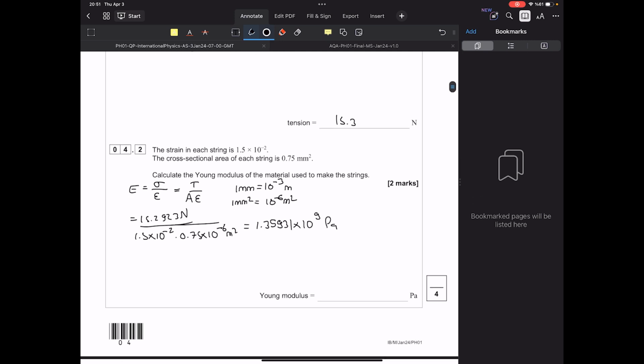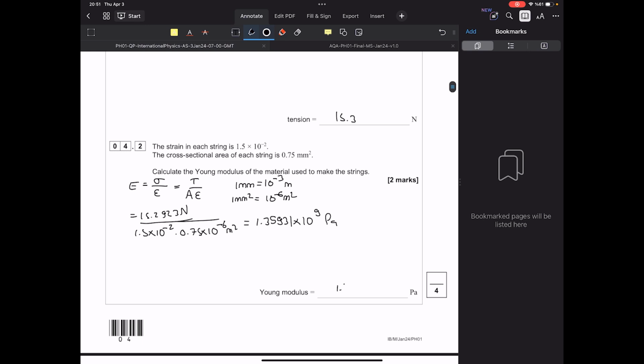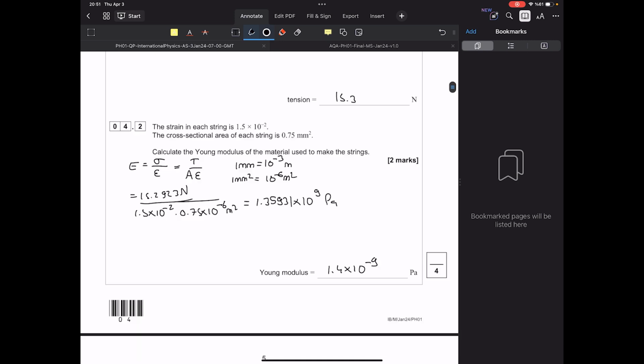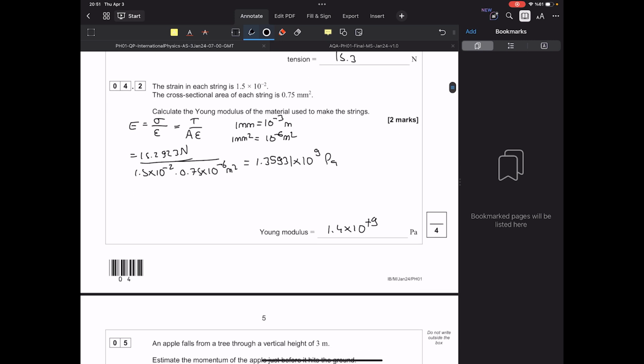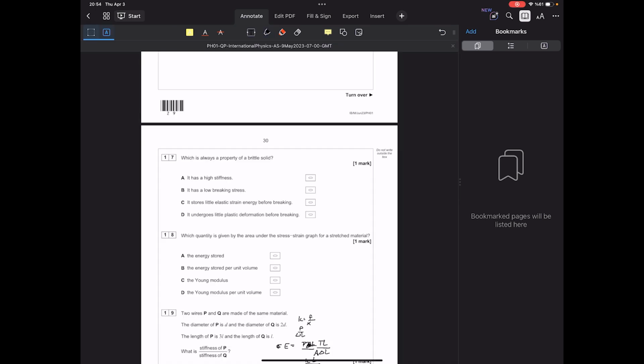So to 3SF, that would be 1.36 times 10 to the 9. Though I guess it's not right to use 3SF here because this is 2SF, so I'm going to write that to 2SF as 1.4 times 10 to the 9 pascals. That's it for this question.